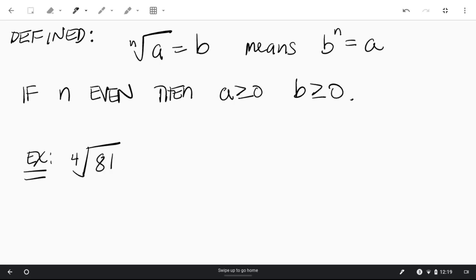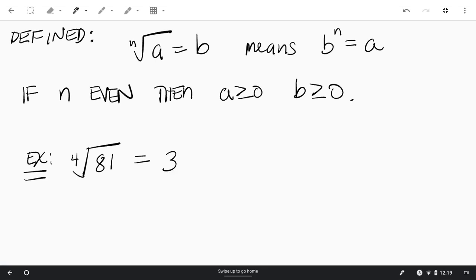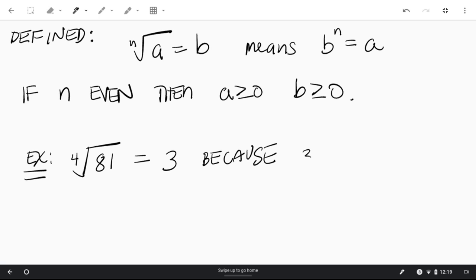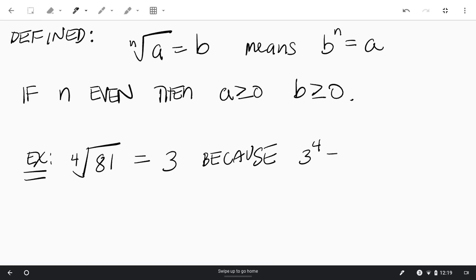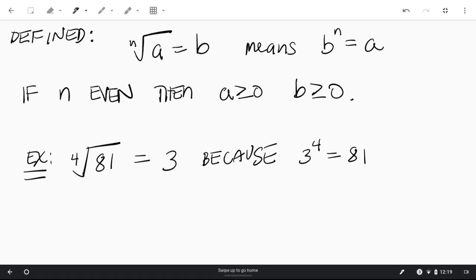Okay, so we're trying to find a number that, when you raise it to the 4th power, gives you 81. So that would be 3. Okay. Because when you take 3 and you raise it to the 4th power, you should get 81.